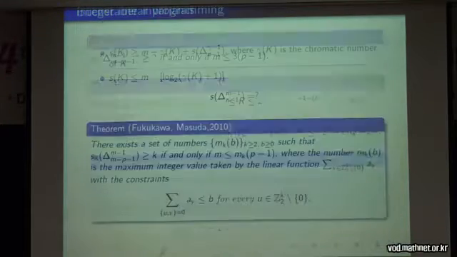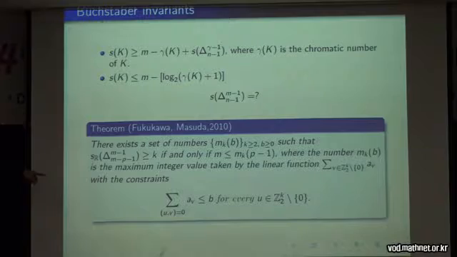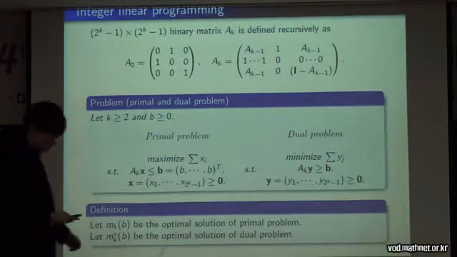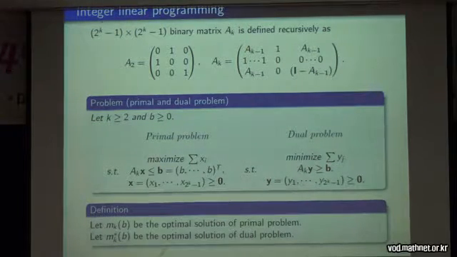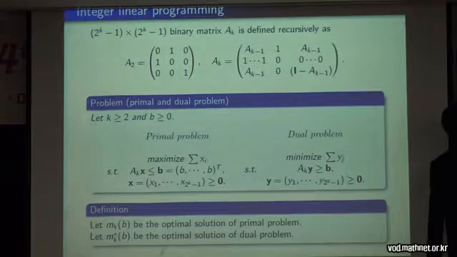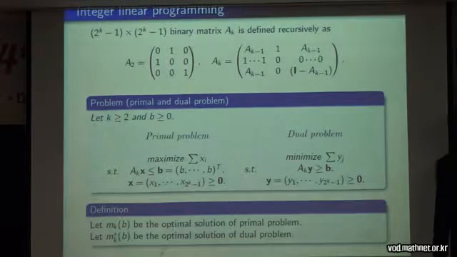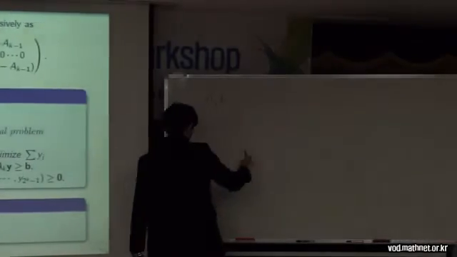As I mentioned before, this integer linear programming can be modified to be more fancy. A k of b is x.